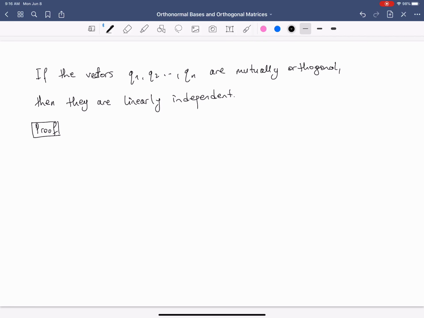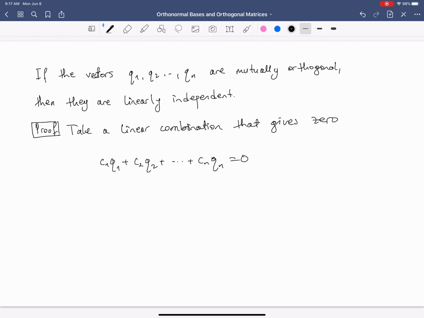or it doesn't have to be by contradiction. We can just take a linear combination that gives 0. Namely, let's say c1q1 plus c2q2 plus ... plus cnqn gives us 0.